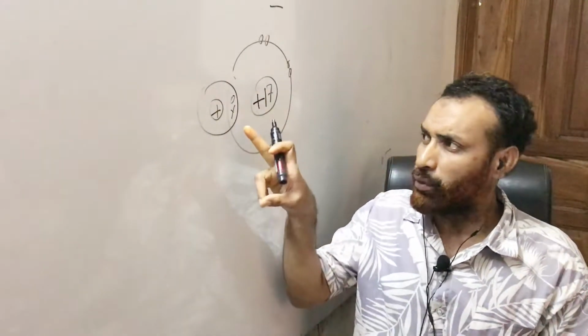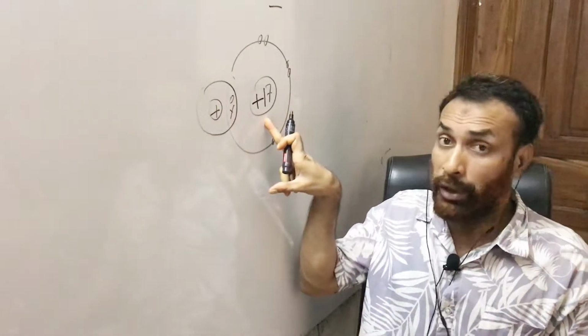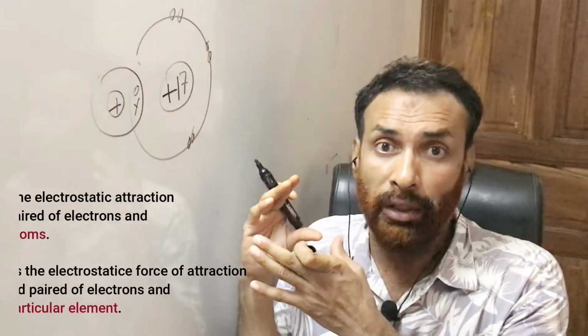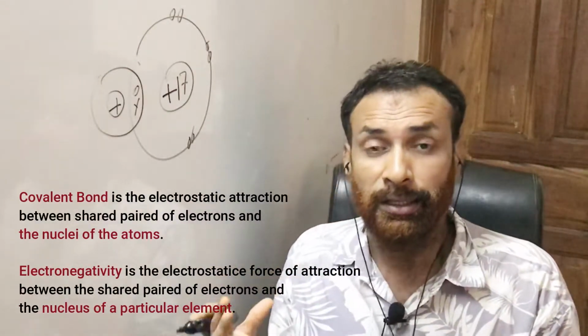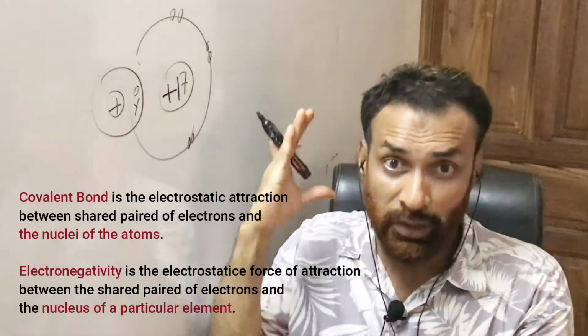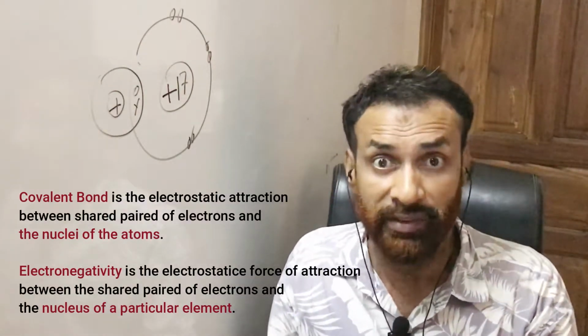But do you think the attraction by this nucleus of hydrogen and this nucleus of chlorine is the same? Certainly not. When you think of them separately, their separate attractive forces are different, and this individual attractive force is called electronegativity.